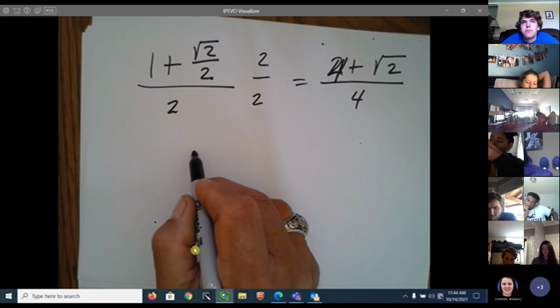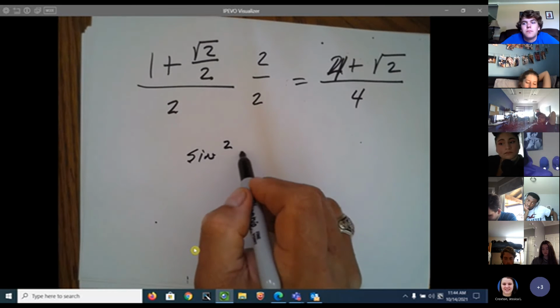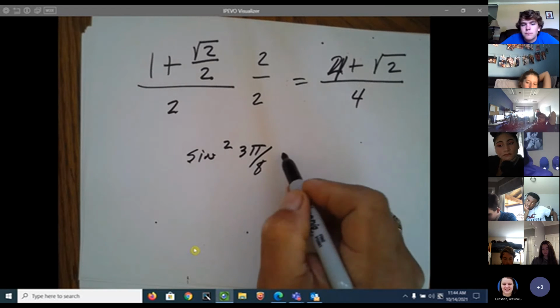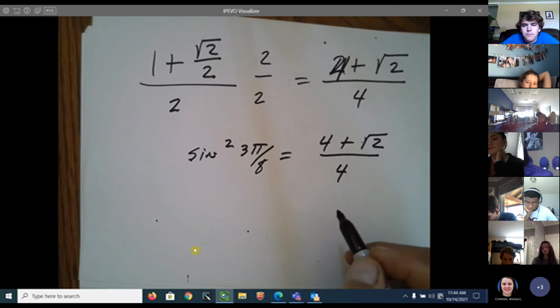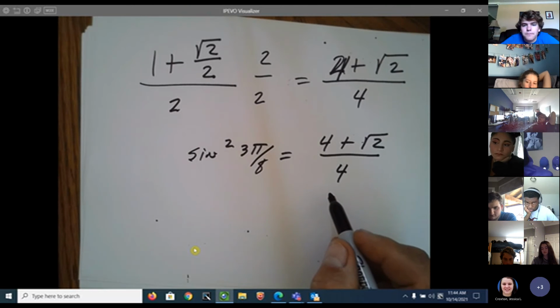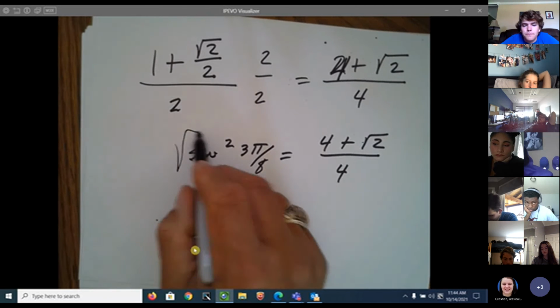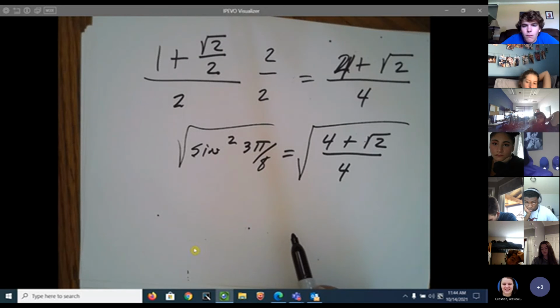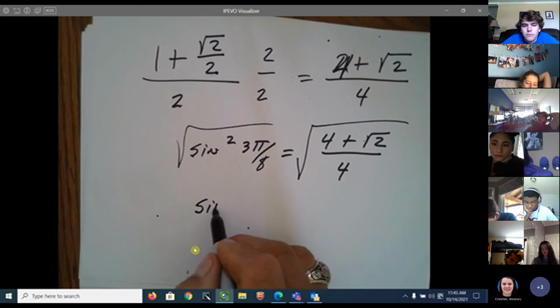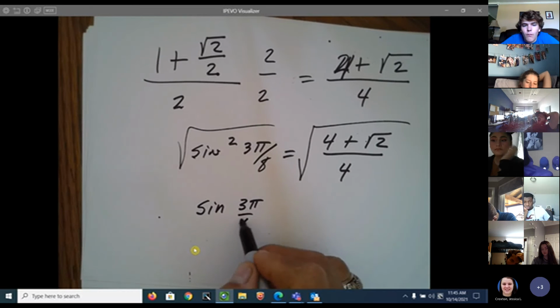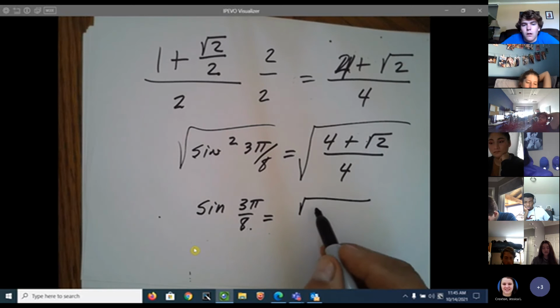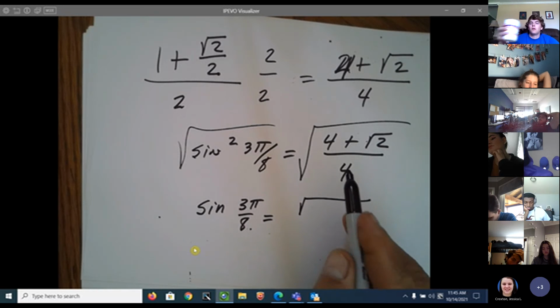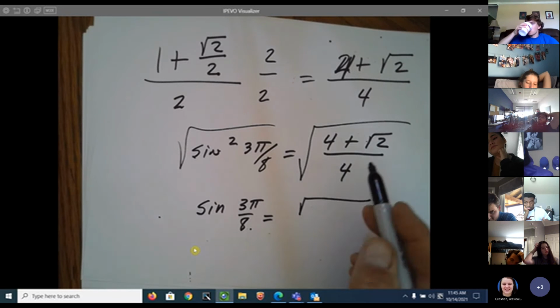And then when I go back and remember the square root that I put in there, sine squared of 3 pi over 8 is equal to 4 plus the square root of 2 over 4. And I take the square root of everything. Then that's going to give me sine of 3 pi over 8 is equal to the square root of, let's see, no, that's not a 4, that's a 2.